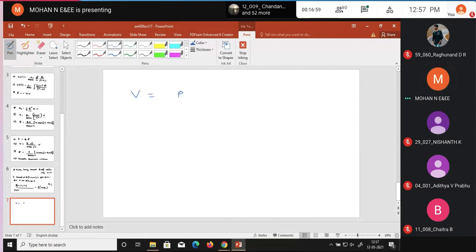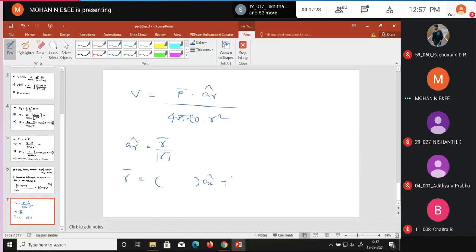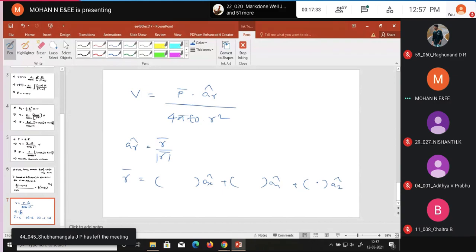That is P vector dot a_r cap divided by 4 pi epsilon naught r square. a_r cap is nothing but r vector divided by the magnitude of r vector, and r vector is equal to a_x cap, a_y cap, and a_z cap.